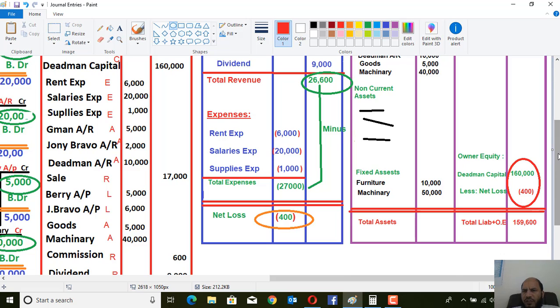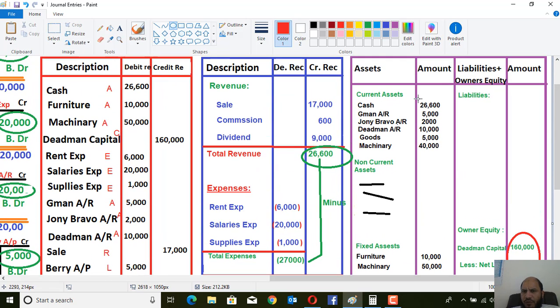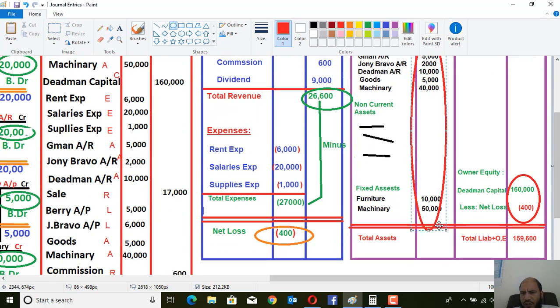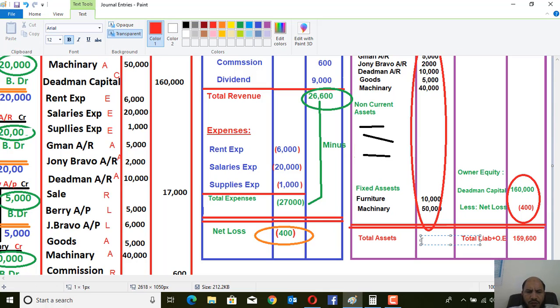Now we should add all of these, for example cash, and then we should add the fixed assets, furniture, and all those assets. It should also give us the amount of 159,600.